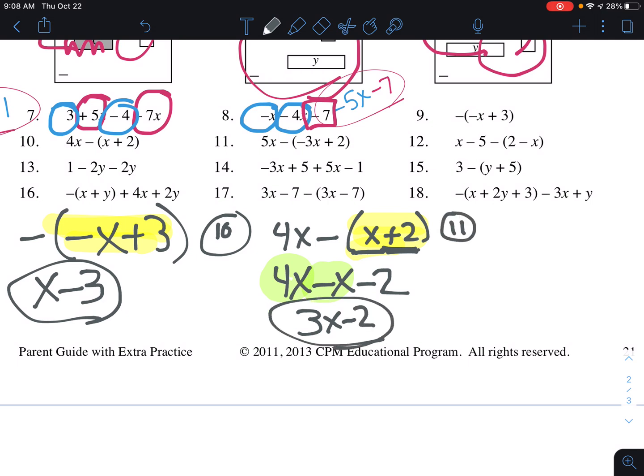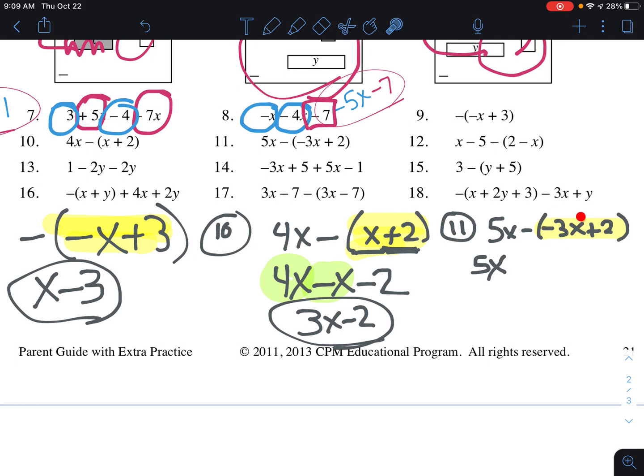Number 11 is 5x minus, and then inside is negative 3x plus 2. Again, if there is a minus and then right after the minus is a parentheses, everything that is inside that parentheses is going to get flipped into the addition spot. The 5x was not after the minus, so that says 5x.